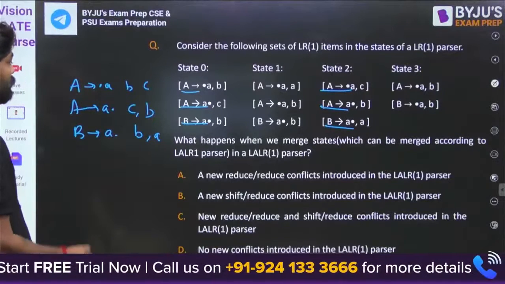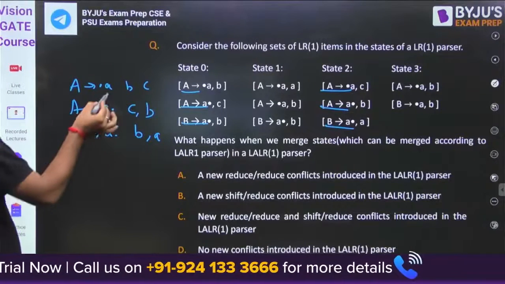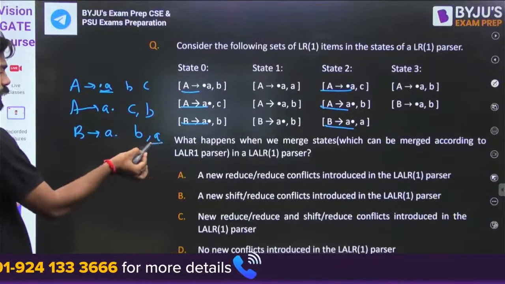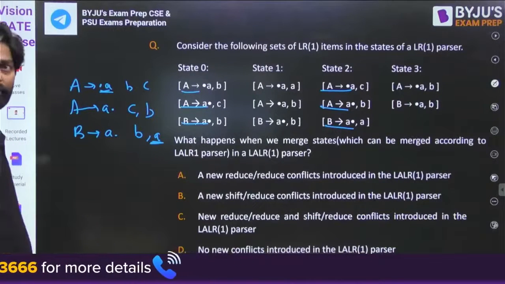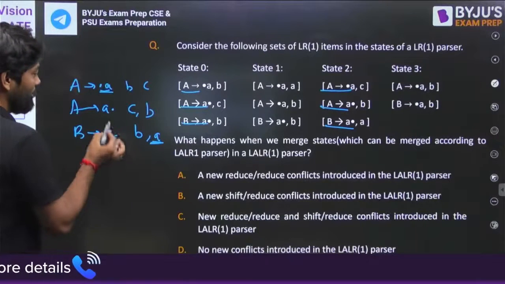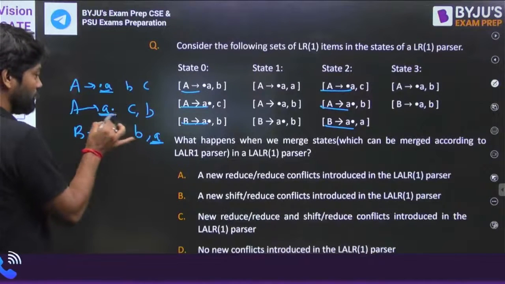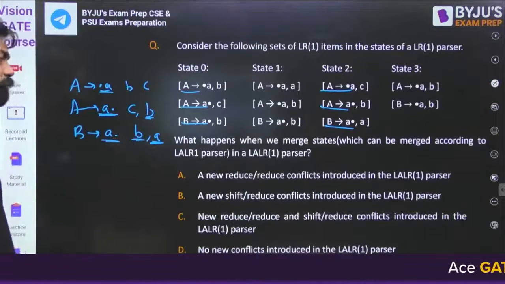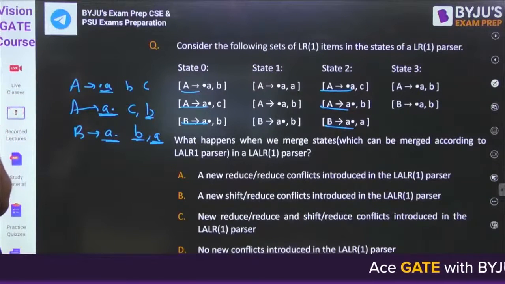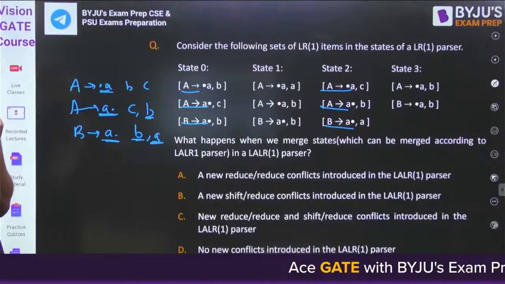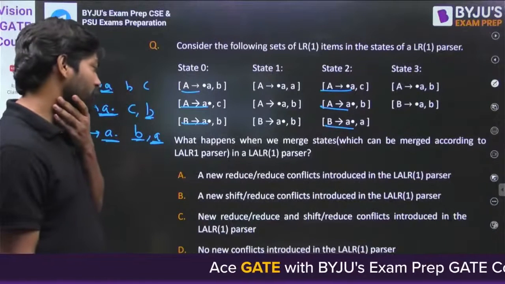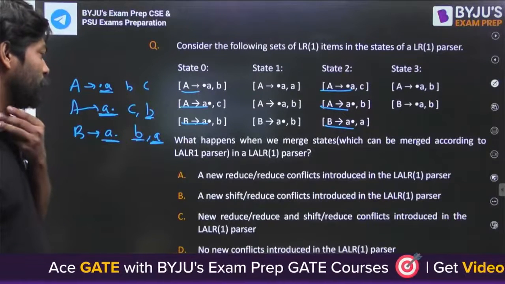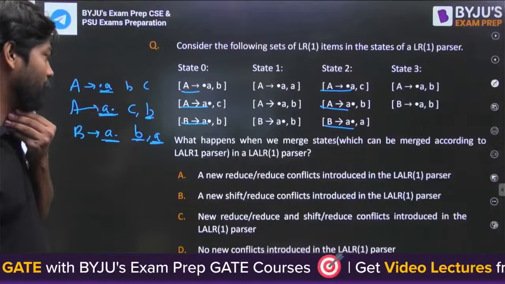See clearly, here shifting on A, and here reducing on A. SR conflict also. Here see clearly, RR conflict also. Reduction on B also and B also. So here we have SR conflict also, and we have RR conflict also. So a new reduce conflict is introduced in LALR. Yeah, it is right.